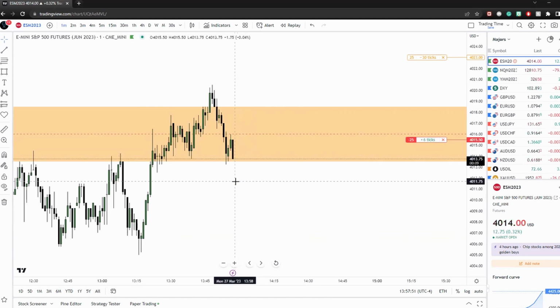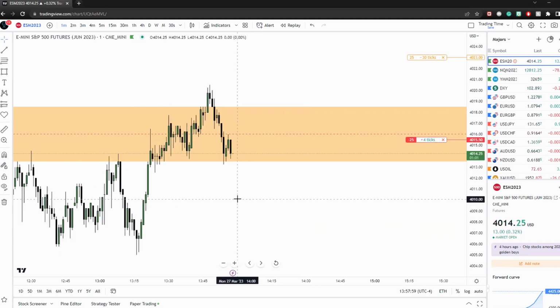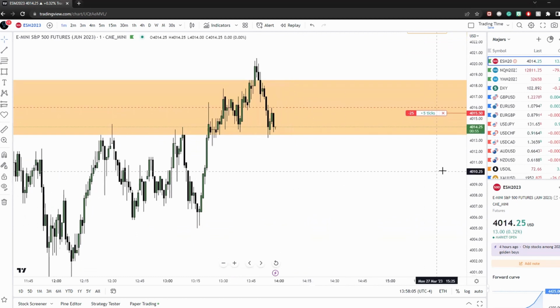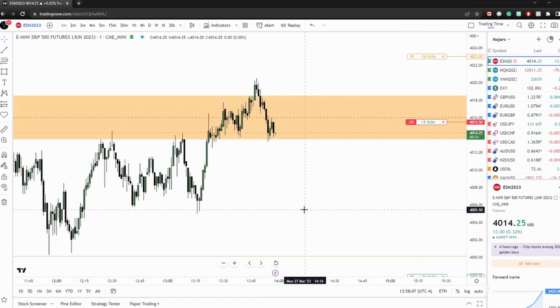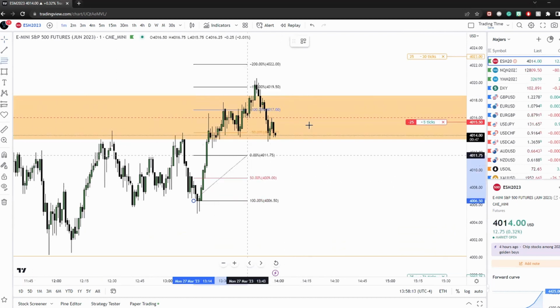Loading about one handle right now. Looking for price to trade down into this range first.